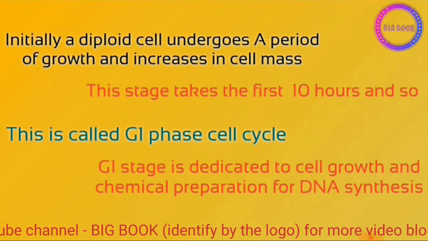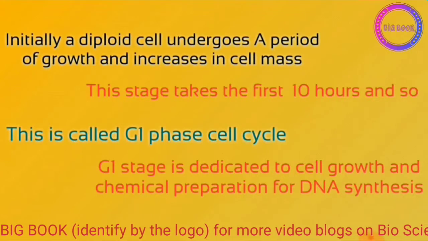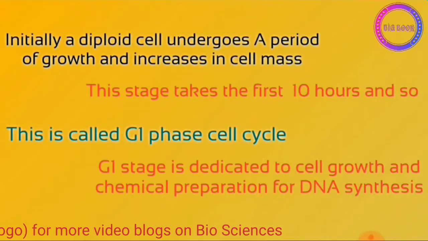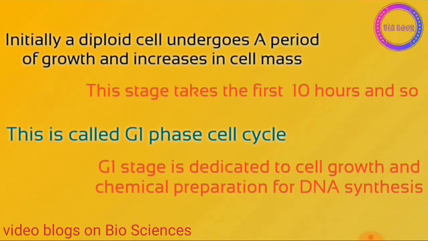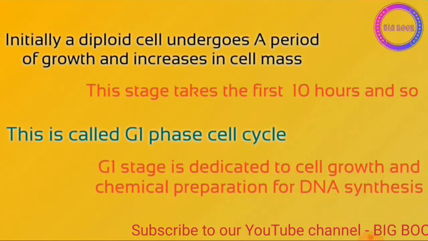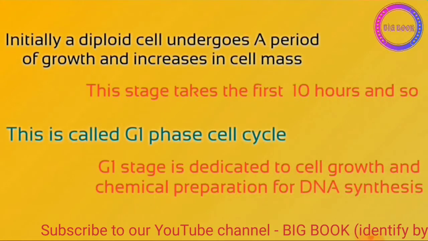It is dedicated to cell growth and also the chemical preparations, that is the required protein factors which are useful to synthesize the DNA. The semi-conservative replication of the DNA is going to happen in the next phase after the G1 phase, and for that, the preparation is going to happen.